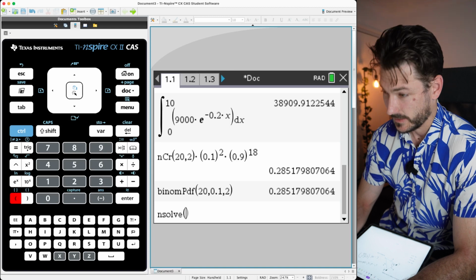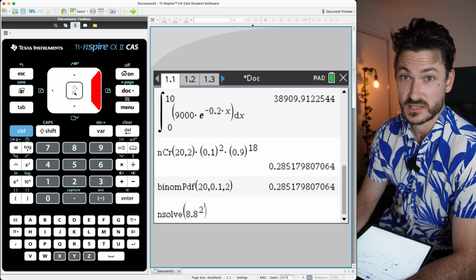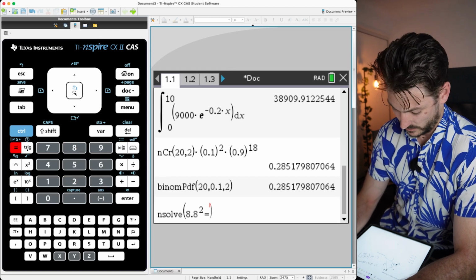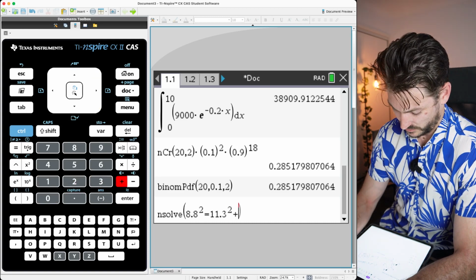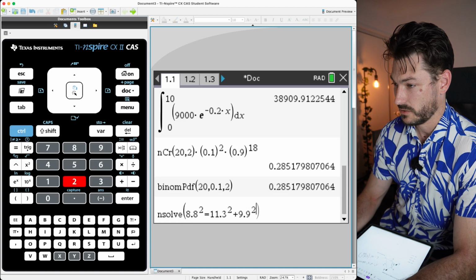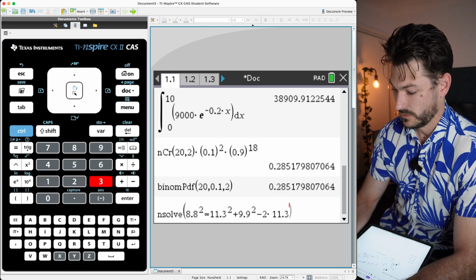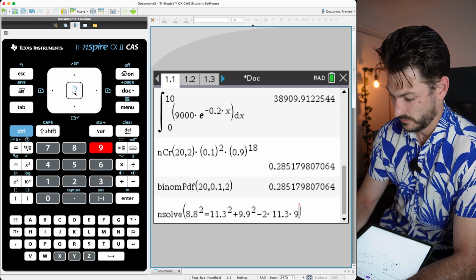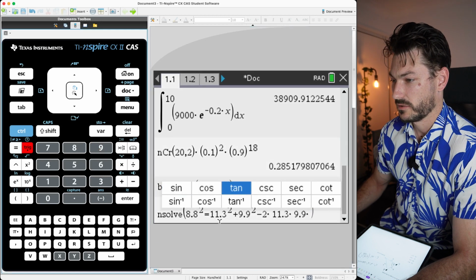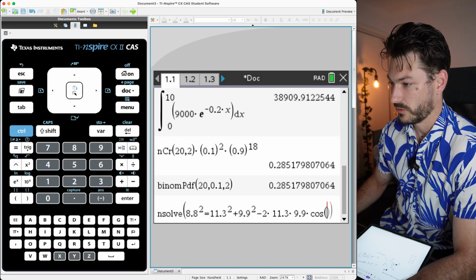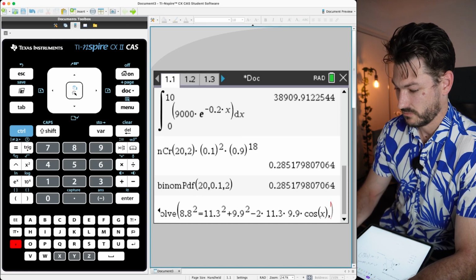We've got 8.8 squared, that's c squared, equals a squared, which is going to be 11.3 squared, plus b squared, which is going to be 9.9 squared, minus 2 times a, which is 11.3, times b, which is 9.9, times cos, trig functionality here, and we'll choose cos, and we're looking for whatever, I'm just going to call it x, and we're solving this equation for x.